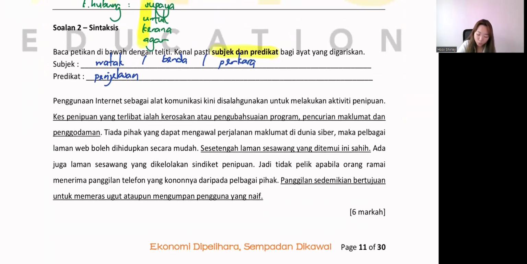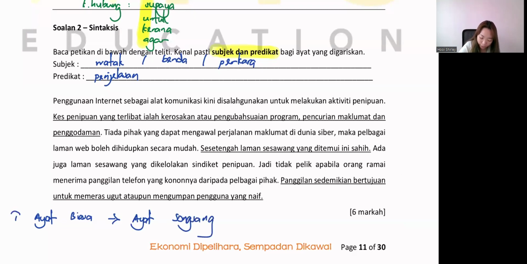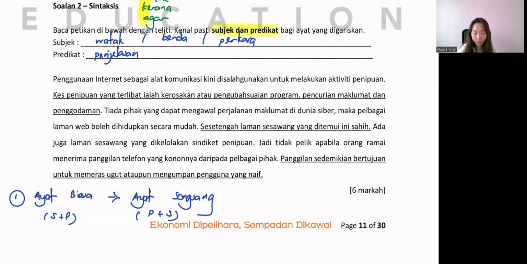Subject and predicates you can do ayat songsang, ayat bersusunan biasa, dan tukar kepada ayat bersusunan songsang. So basically, this is what? Okay. Biasa is your subject in front, predicates behind. Terbalik, predicates in front, subject behind. So it's in general. Ayat bersusunan biasa dan songsang is part of syntaxes as well.